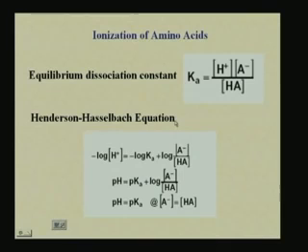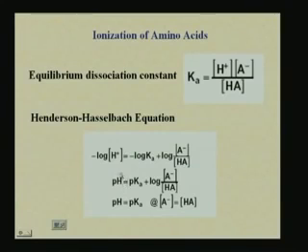Now, you all studied about buffers, where we look at what is called the Henderson-Hasselbalch equation. What is that equation? You rearrange the expression, and write it in such a manner that we get the H plus on the left hand side, right. And I know that the negative logarithm of the hydrogen ion concentration corresponds to the pH.